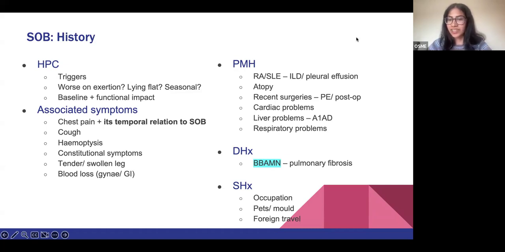This is something to just memorize, I think. So we've got our mnemonic, kind of just an acronym, on the screen. BAMMN: bleomycin, busulfan, both of those are chemotherapy agents. Amiodarone, an antiarrhythmic. Methotrexate, it's a bit contentious, but classically methotrexate is meant to cause pulmonary fibrosis.